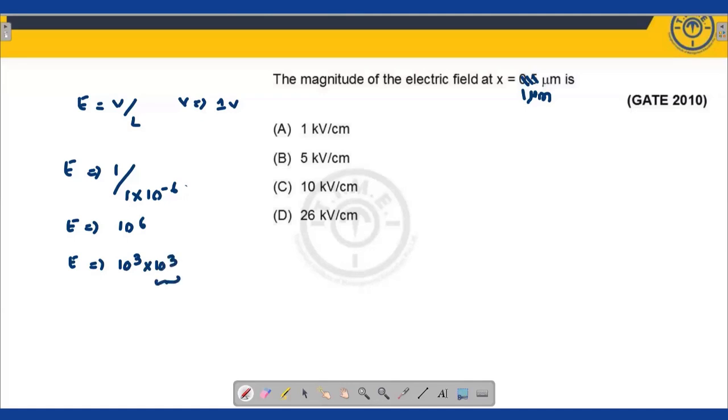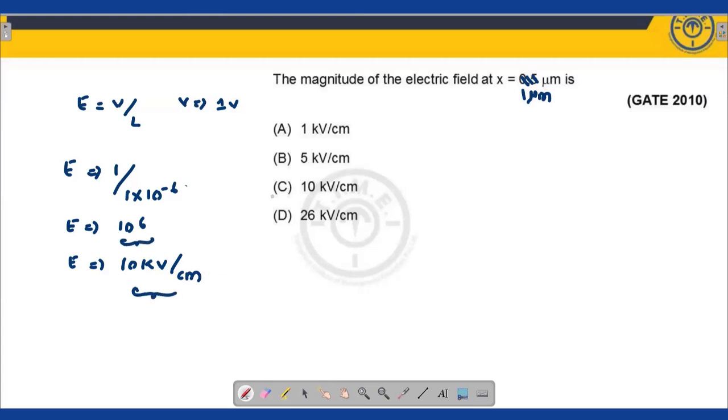This I am writing in 10 power 6, which can be written as 10 kilovolts per centimeter. You can change the same thing over here because 10 power 4 centimeter is 10 power minus 2. I am writing this value like this.